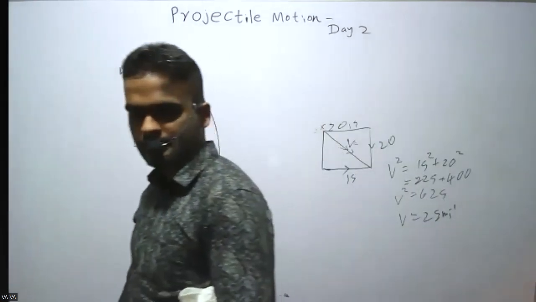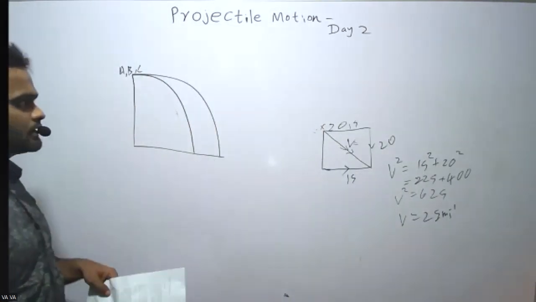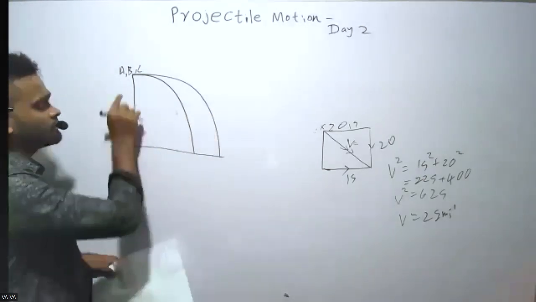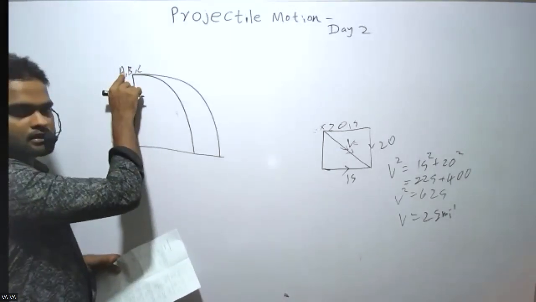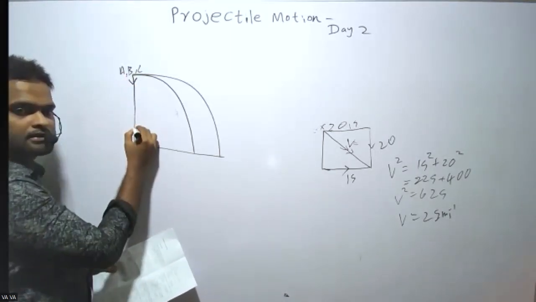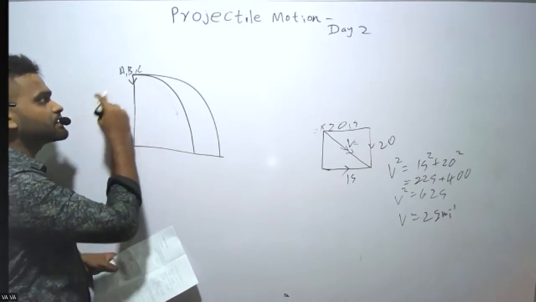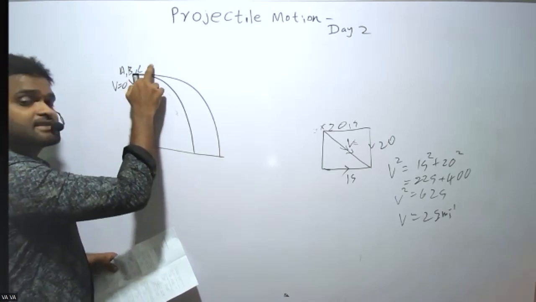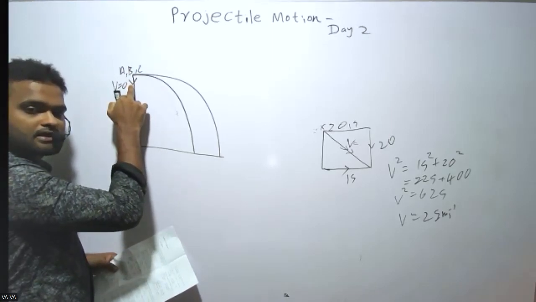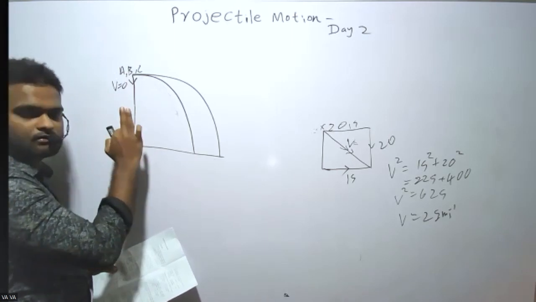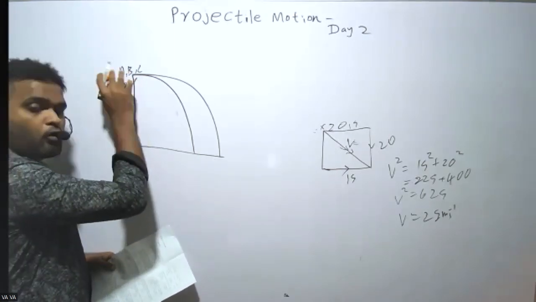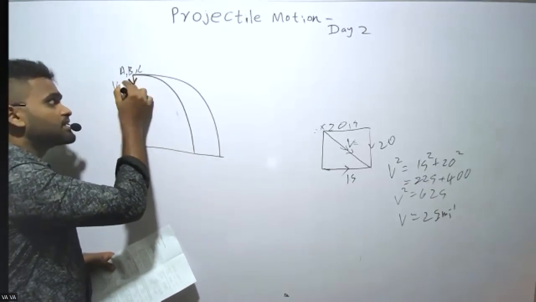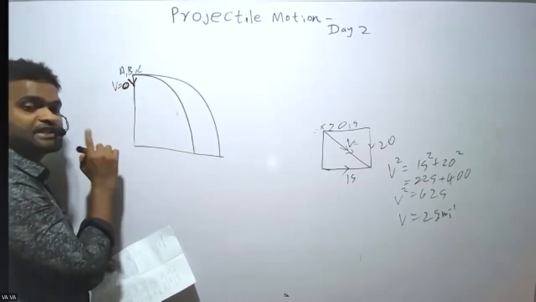Right, so let's discuss this. We are given three objects, and those objects are at the same height. One object is dropped, so the vertical initial component is 0 for A. For B and C also, the vertical component of initial velocity is 0.